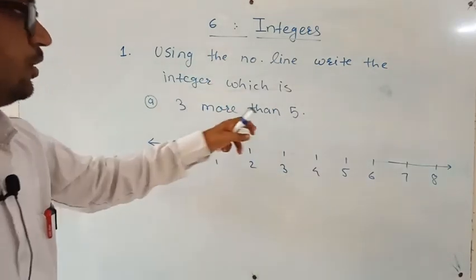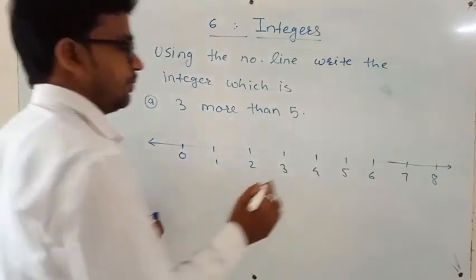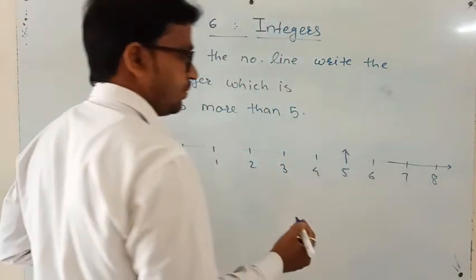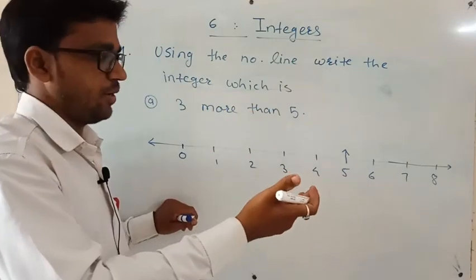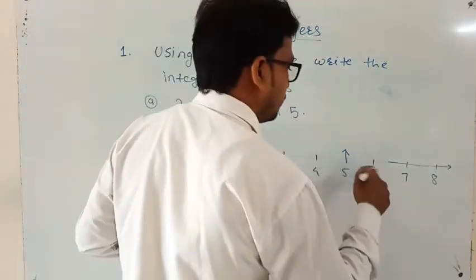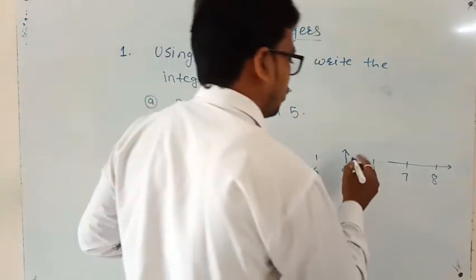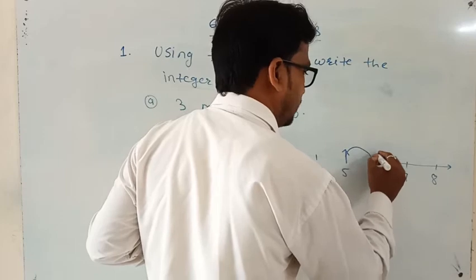So first we select here 5, and then go to the right because 3 more numbers were to move. So more means added, extra. So it is added to it. That's why we move to the right side.